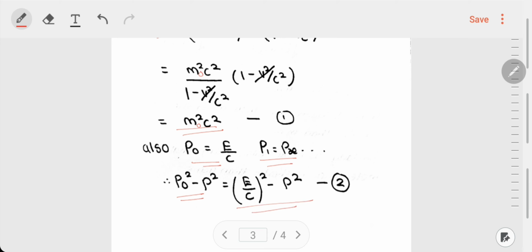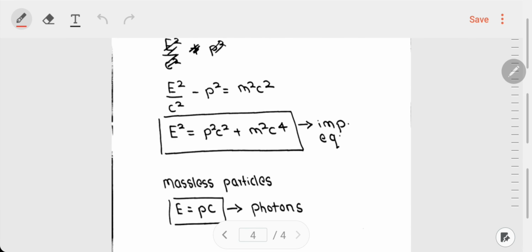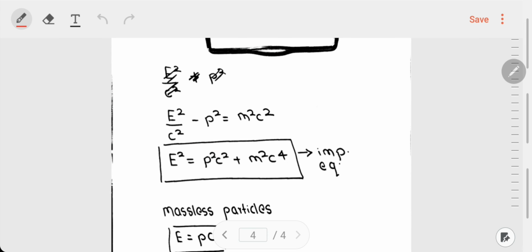Now we equate these two expressions and let's see what we get. After equating, we get E square by c square minus p square is equal to m naught square c square, and rearranging the terms we get the equation E square is equal to p square c square plus m naught square c to the power 4.